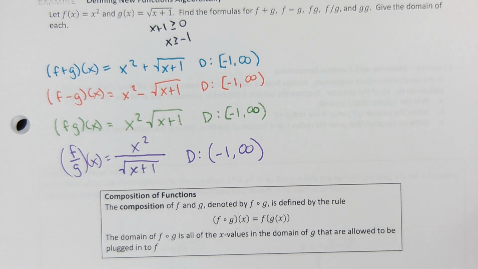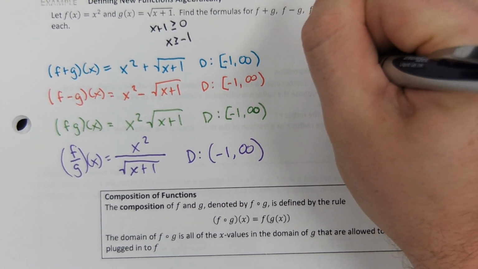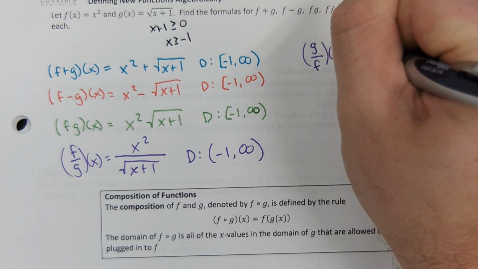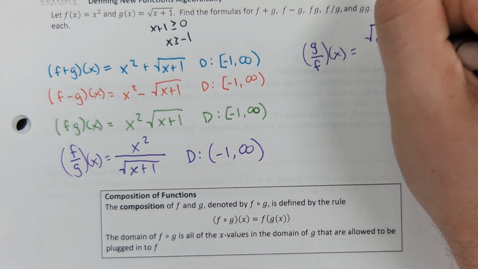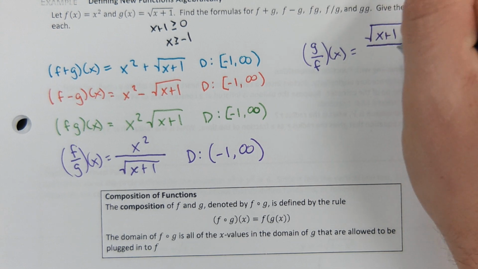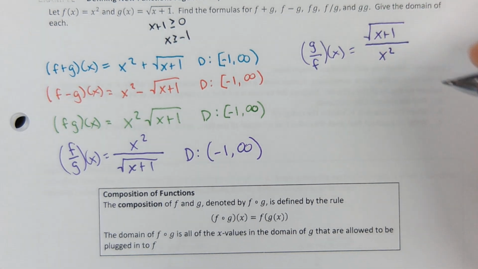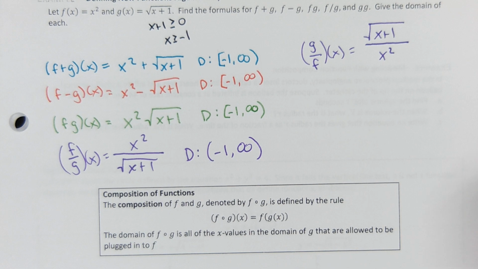I know it's not part of the notes, and period 2 didn't see it, but I'm going to go ahead and do g over f to talk about its domain. Because it's interesting.